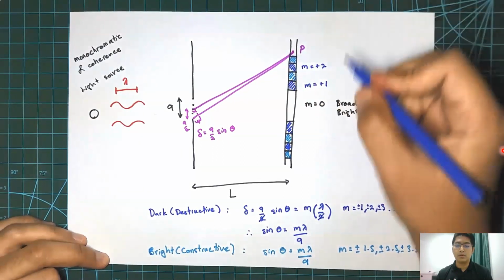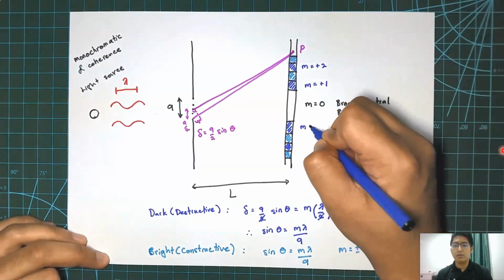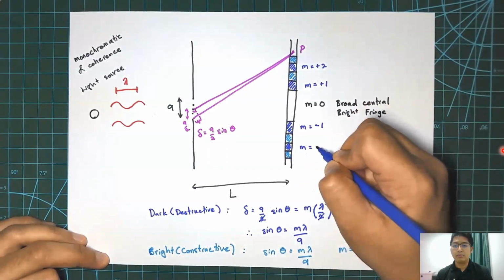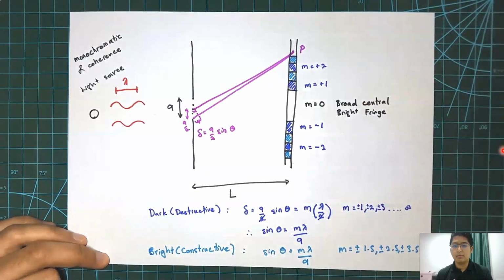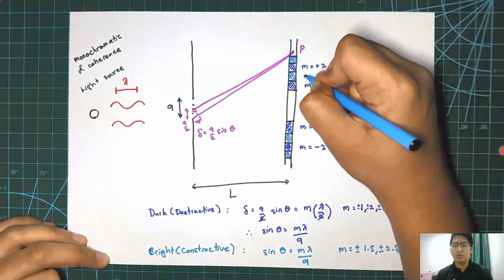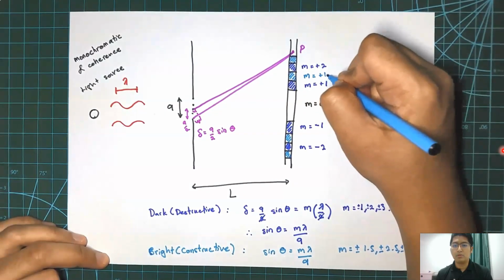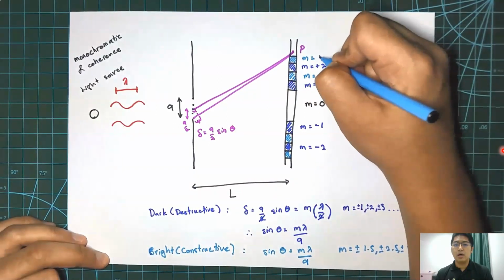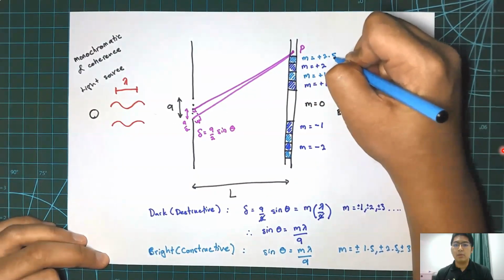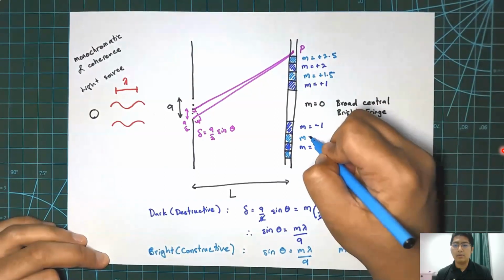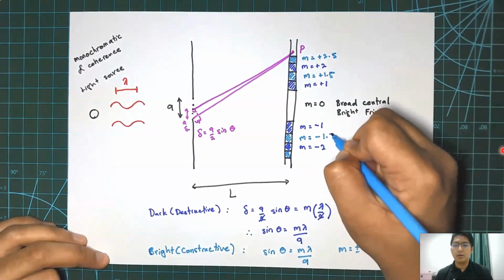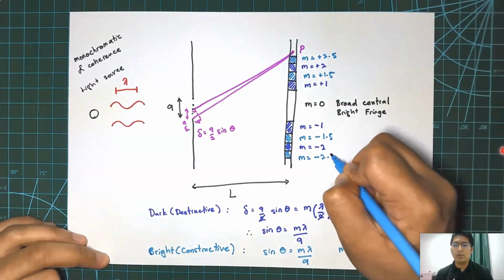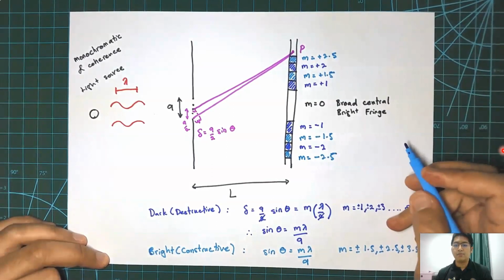So this is the condition for the dark fringe. The dark fringes are denoted by the dark blue color, starting with m equals 1, m equals 2, and so on. And these are the bright fringes denoted by the light blue color, starting with m equals 1.5 followed by m equals 2.5.